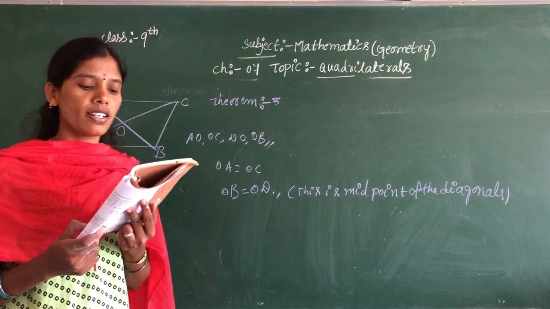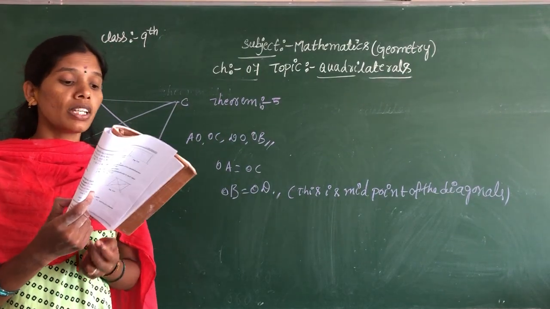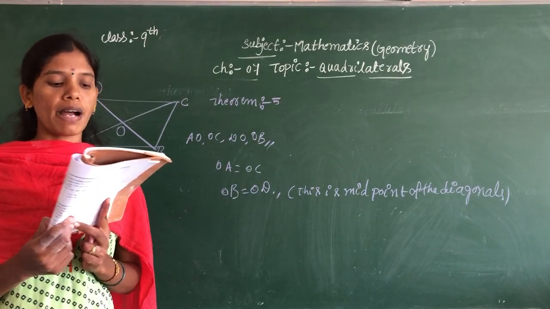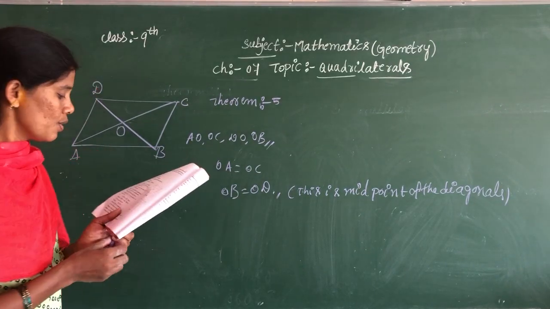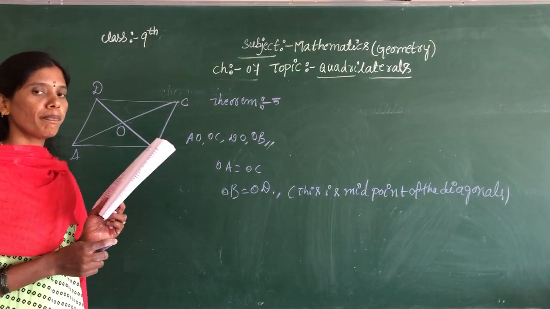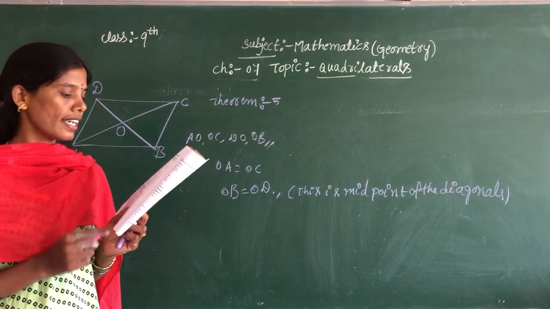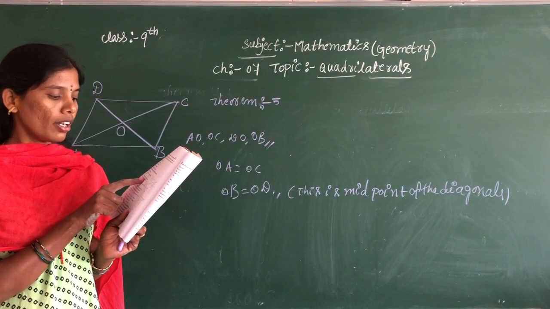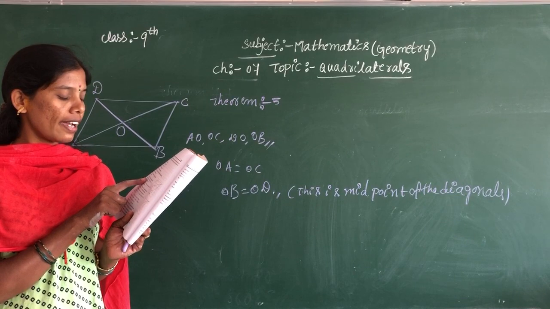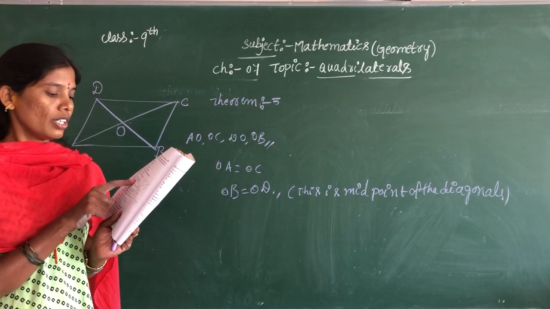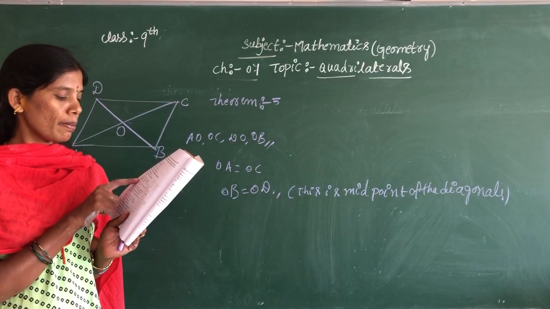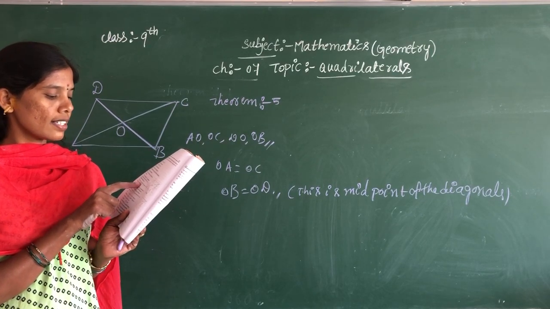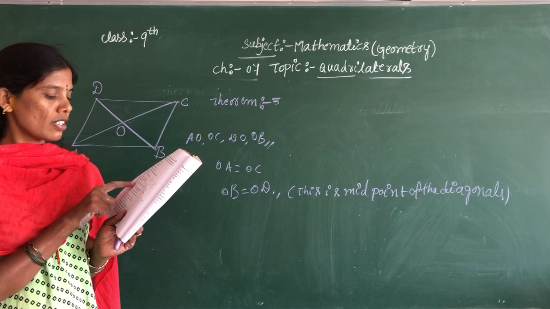Now next we shall move to the diagonals. In theorem 7.6, the diagonals of a parallelogram bisect each other. Now what would happen if in a quadrilateral the diagonals bisect each other, will it be a parallelogram? Yes, that is true. So this result is the converse of theorem 7.6.